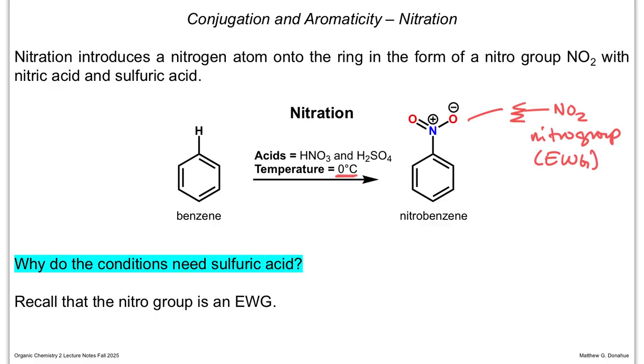So there's a question here in blue. Why do we need sulfuric acid? So we have two acids in there. What's the deal? Because we already saw sulfuric acid can do its own sort of thing. In the presence of nitric acid, what favors formation of the nitro group?